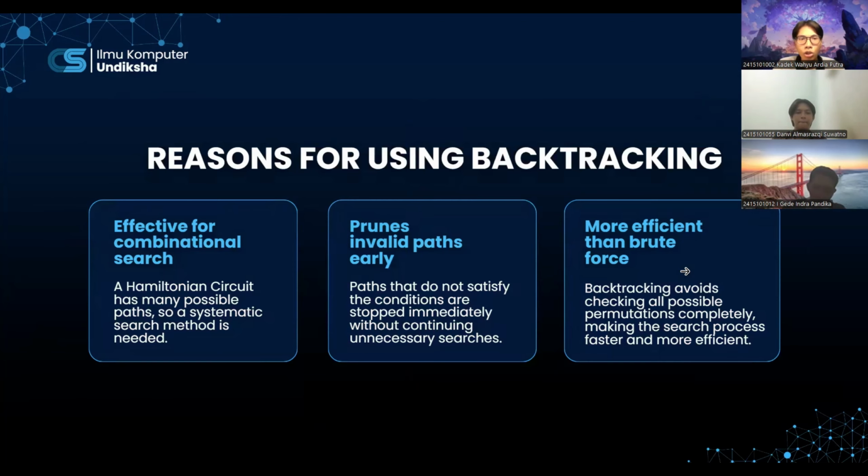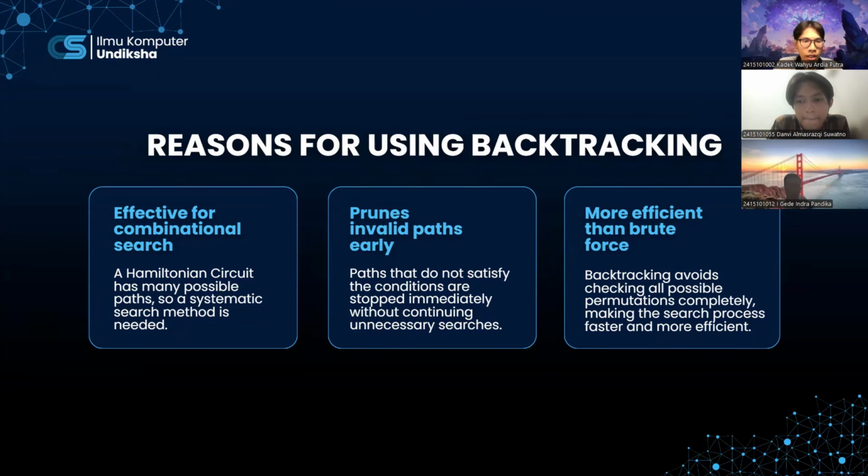Beyond just how it works, there are three main reasons why this approach is superior for this specific problem. First, it is highly effective for combinatorial searches. A Hamiltonian circuit has many possible paths, so a systematic search method is needed.